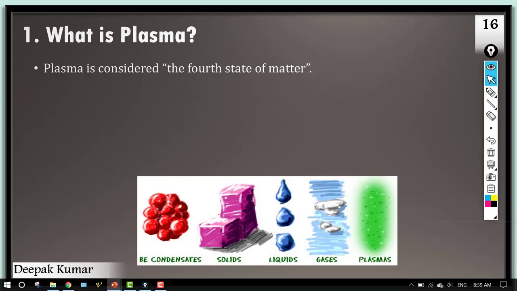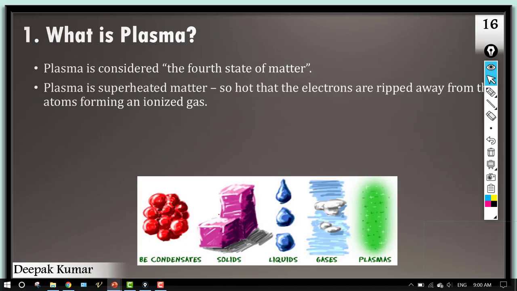As we know, when a solid is given heat, it converts into liquid. When the liquid is heated more, it converts into gas. And when the temperature is increased more and more, in such a way that the electrons from the atoms are ripped away. What is the meaning of ripped away? The electrons from the atom come out and become independent.